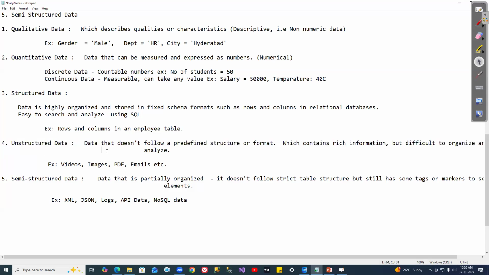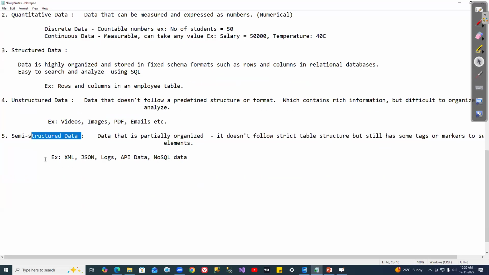Structured data follows a predefined, fixed schema format and is stored in rows and columns, whereas unstructured data doesn't follow a predefined structure. And the next one is semi-structured data: data that is partially organized.